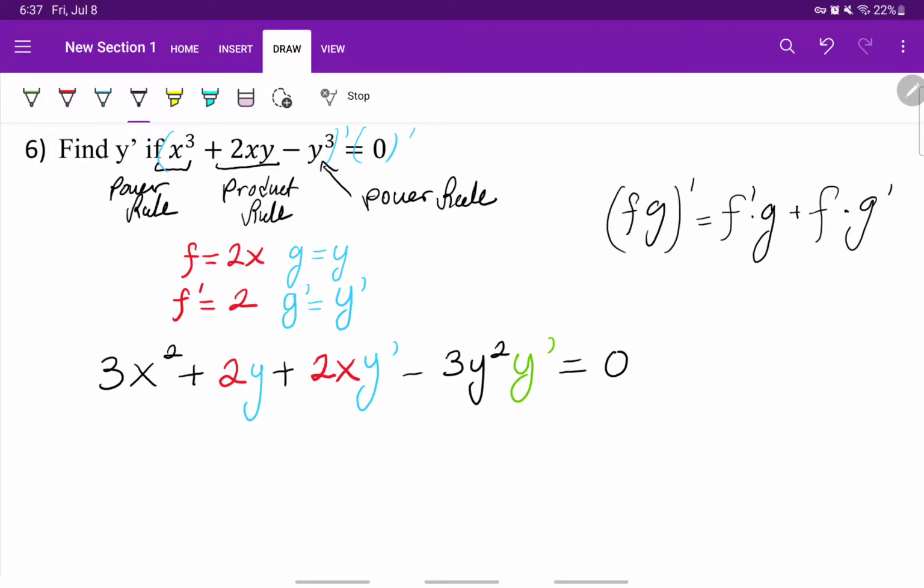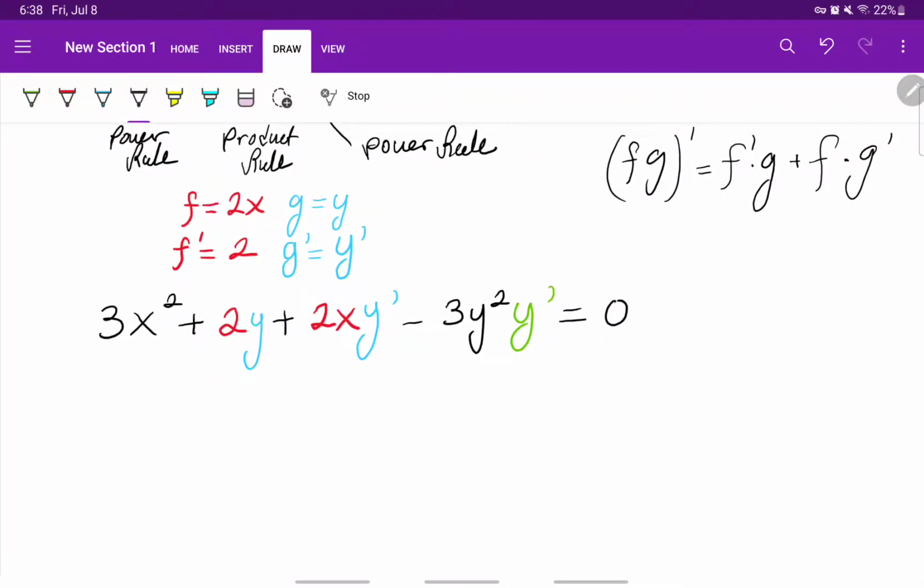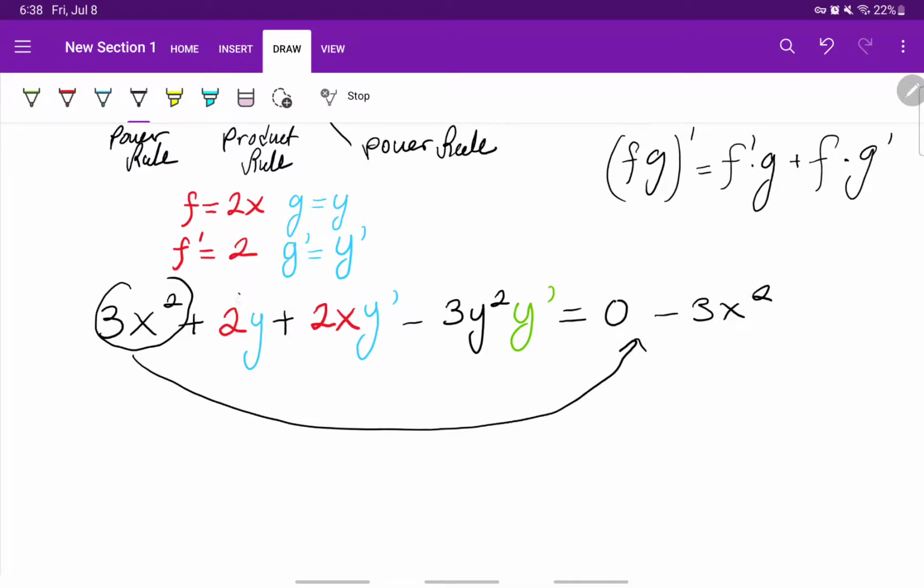Every term without a y prime can be moved to the right side of the equal sign. So I'm going to take my 3x squared, move it to the other side to make that minus 3x squared. Take my 2y, move it to the other side, make that minus 2y.